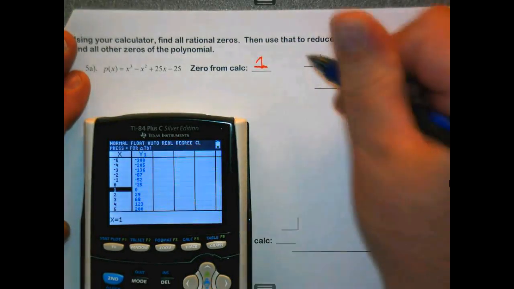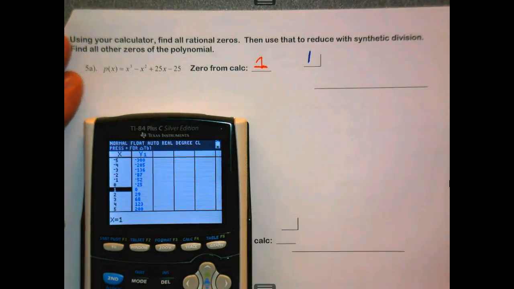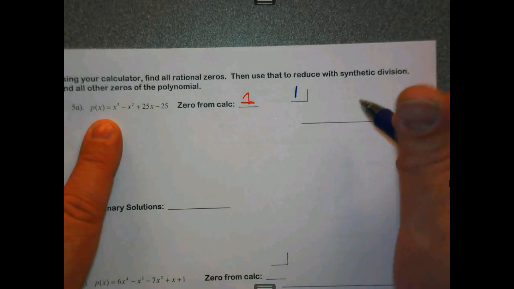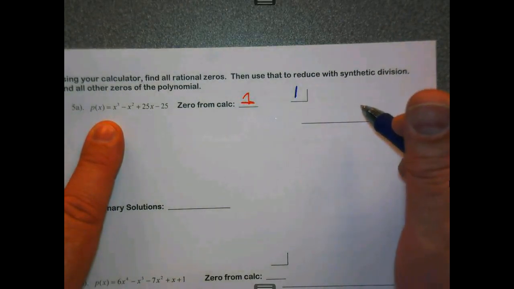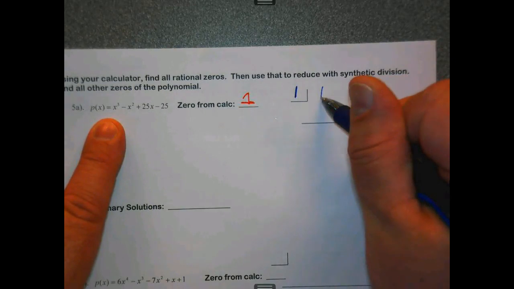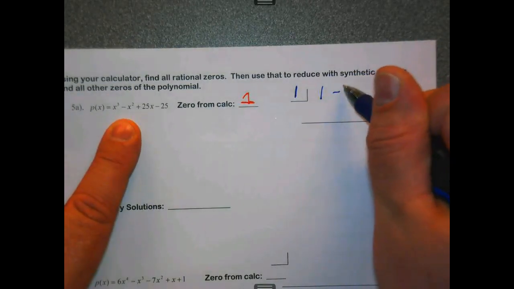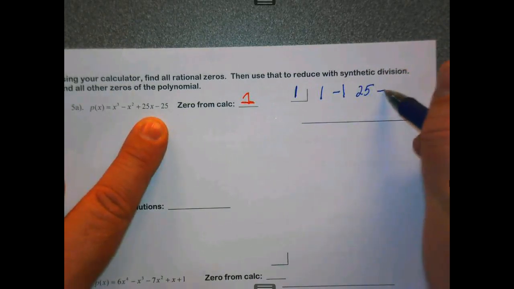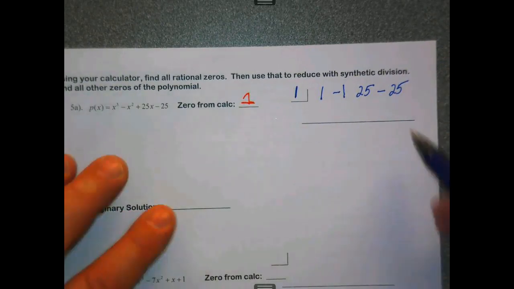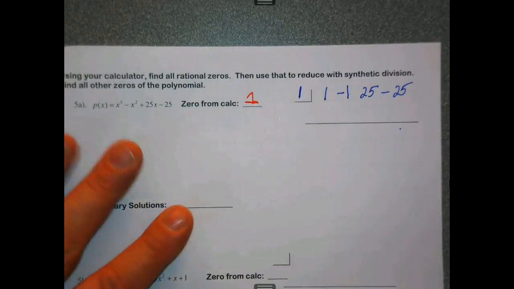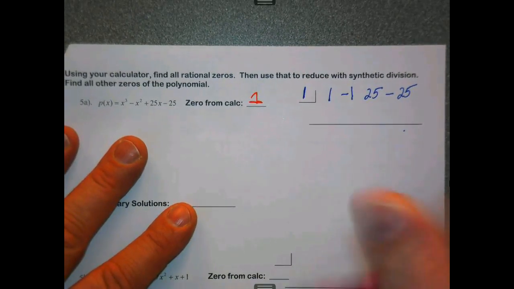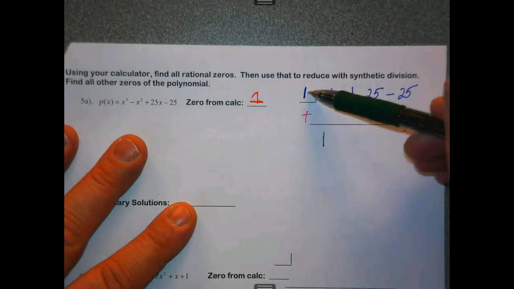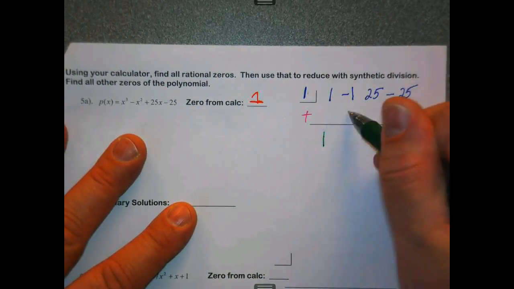So I'm going to divide synthetically using the 0, 1 by coefficients: 1 x cubed, negative 1x squared, plus 25, minus 25. I better get a 0 here. Bring down the 1. 1 times 1, 1.